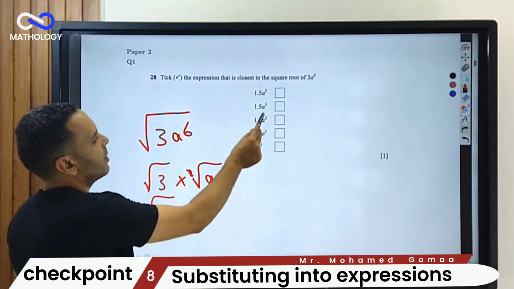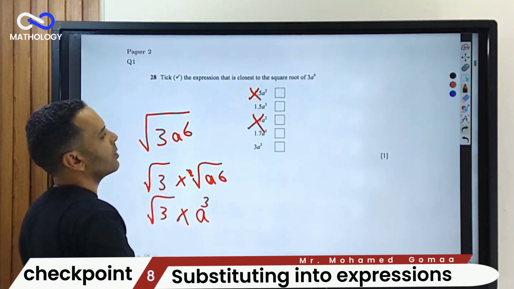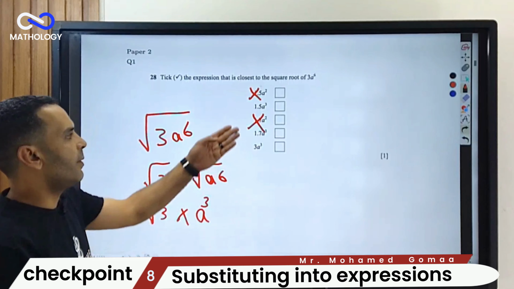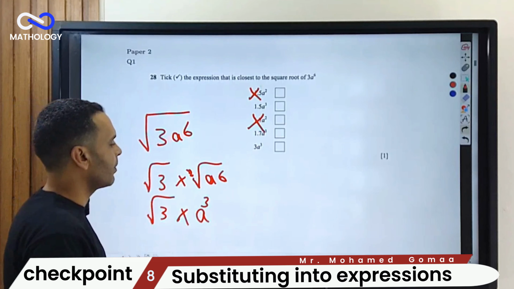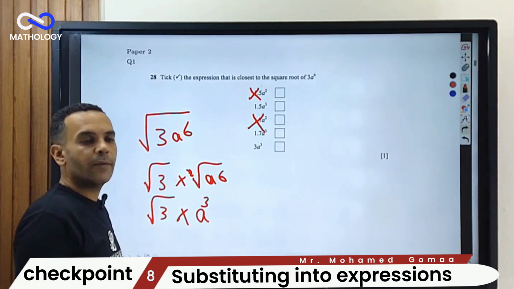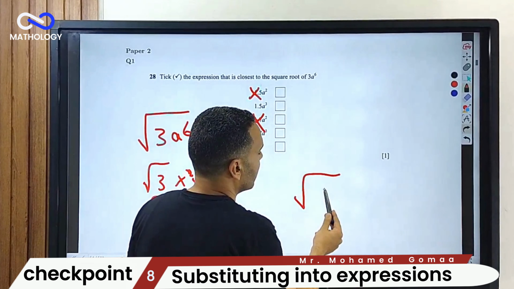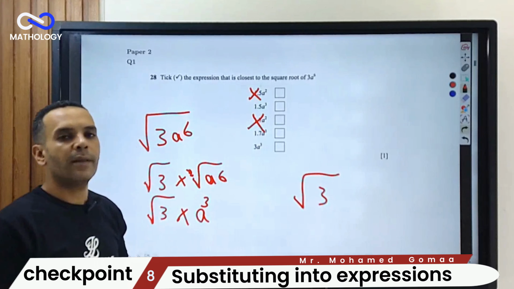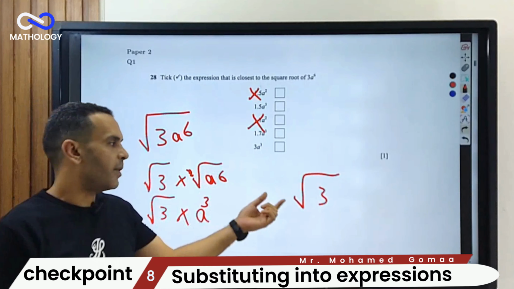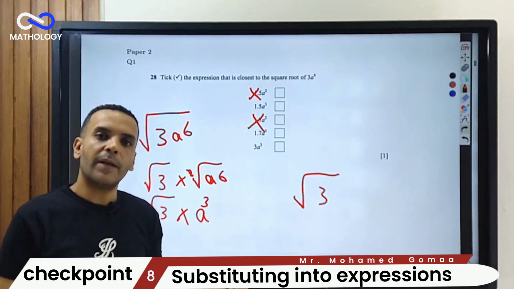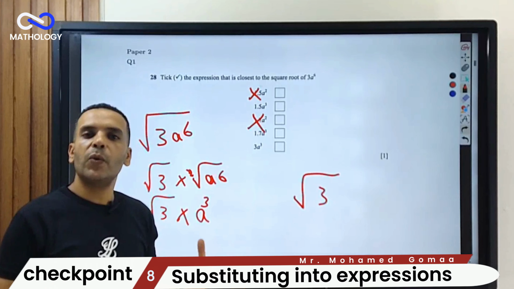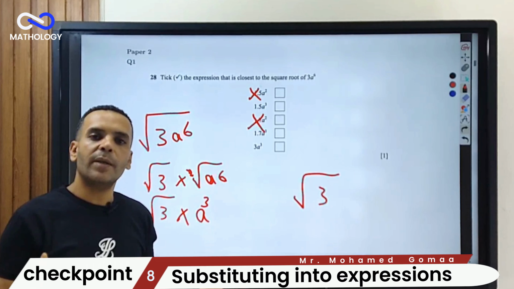Okay, that means this is wrong and this is wrong. We have 3 choices. Square root of 3 is an irrational number, as we said in the first lesson on Unit 1. This irrational number is a value between two rational numbers, but between what and what?